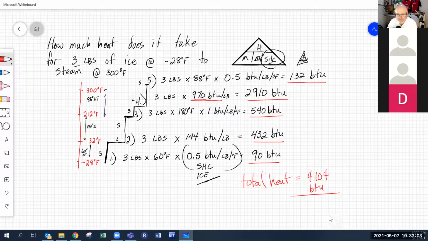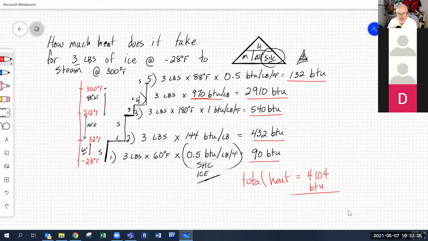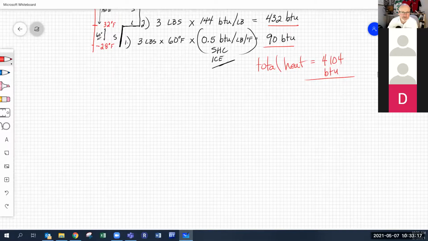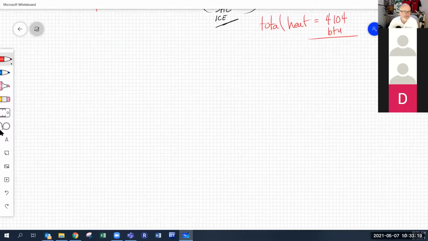Yes. So let's do another example like this, but in metric. Are you ready? Can I move this yet? Is everybody there? I'm going to take your silence as yes. Okay.